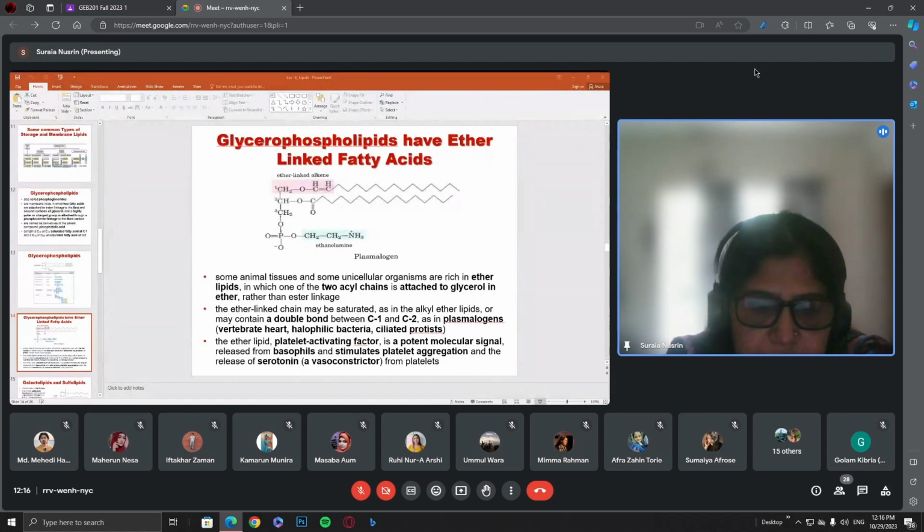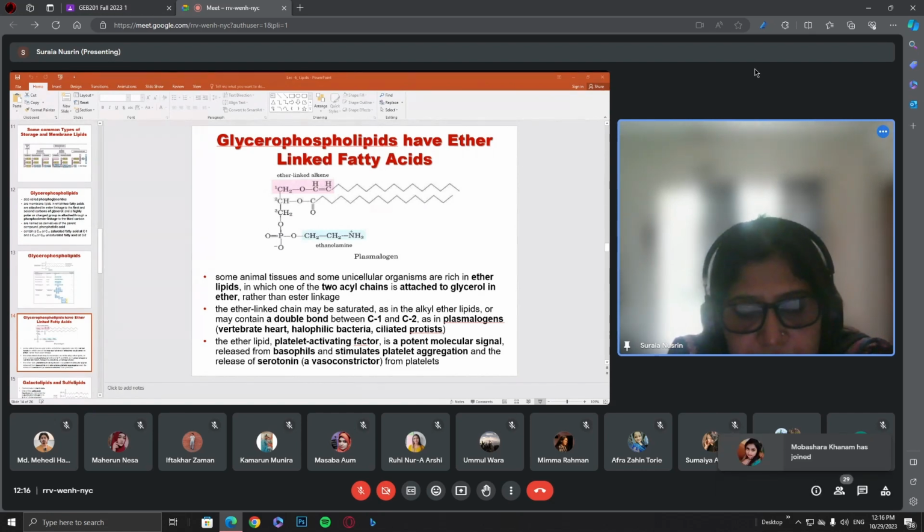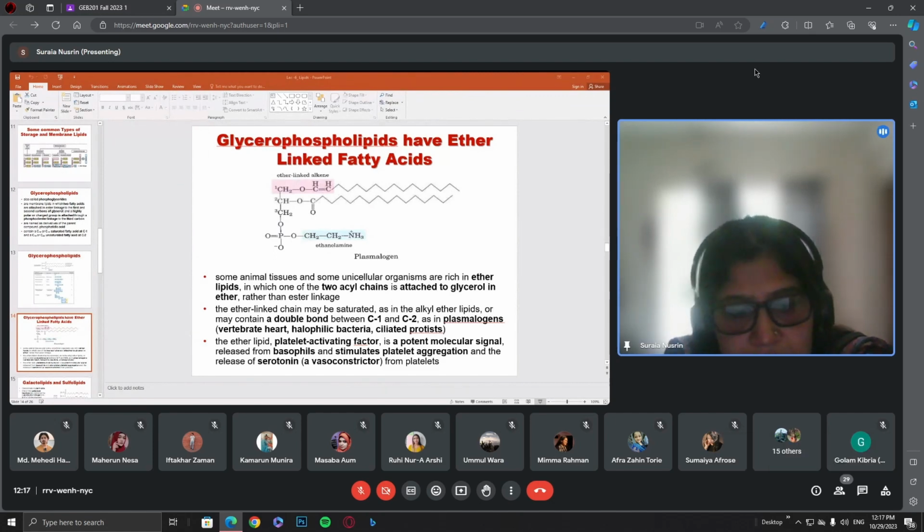They have a special function in case of vertebrates, because this type of lipid has a particular function called platelet activating factor. That is actually functioning as a signaling molecule, and this lipid is released from the blood cell basophils, and then this molecule actually stimulates aggregation of platelets.